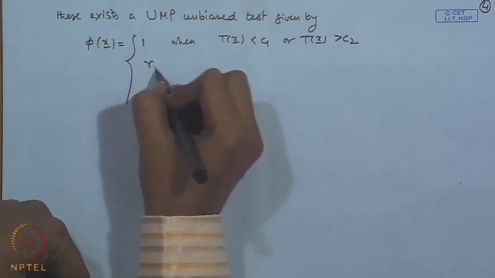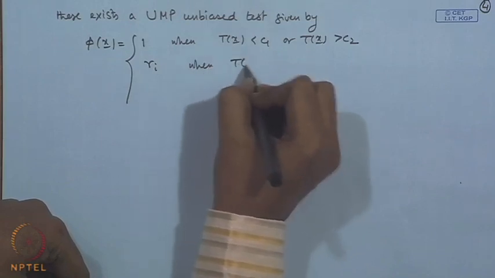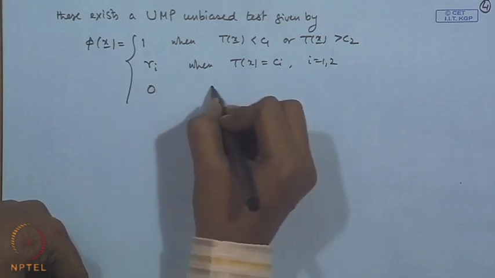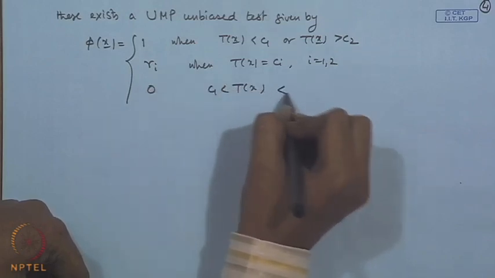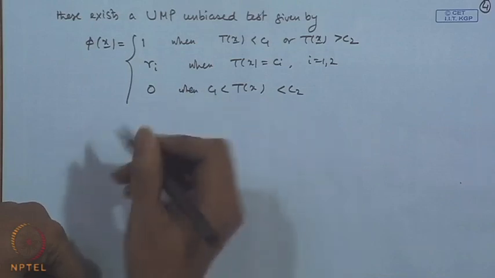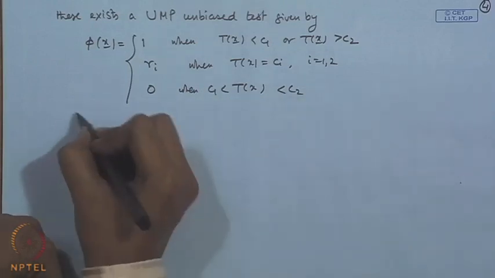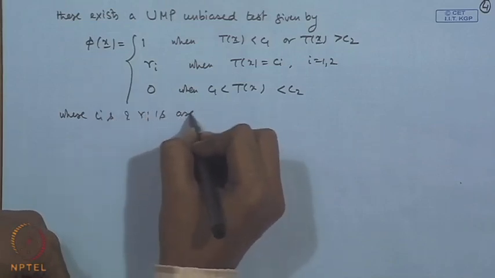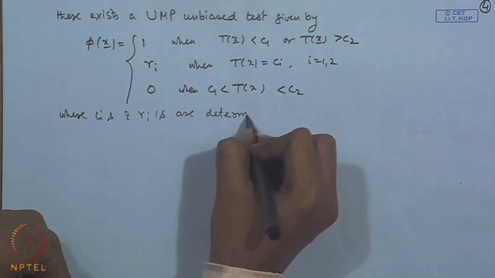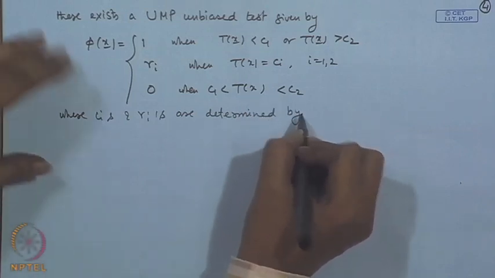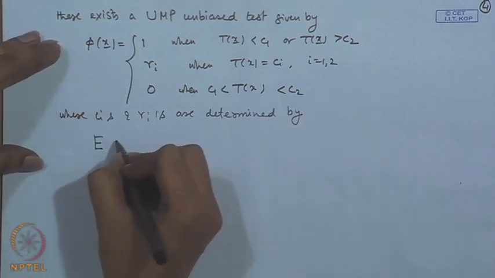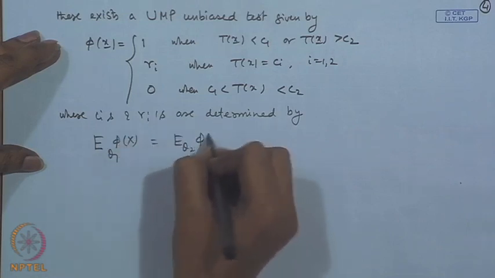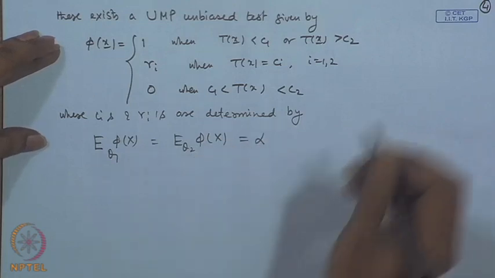It is equal to gamma i when T(x) is equal to ci for i = 1, 2, and it is equal to 0 if c1 is less than T(x) less than c2, where the ci's and gamma i's are determined by the expectation of phi(x) under theta 1 and under theta 2 being equal to alpha.